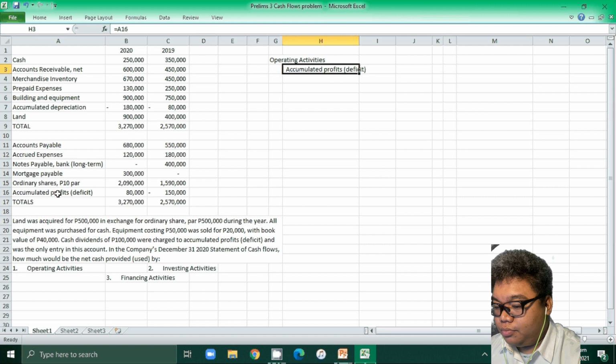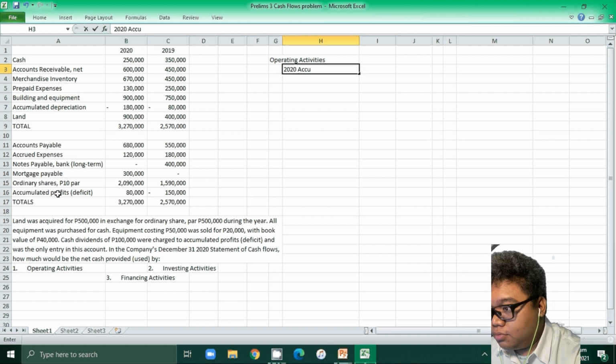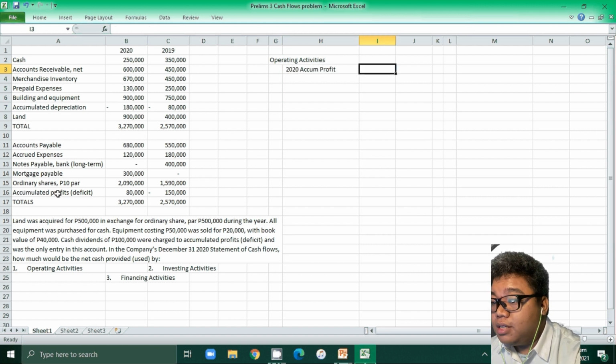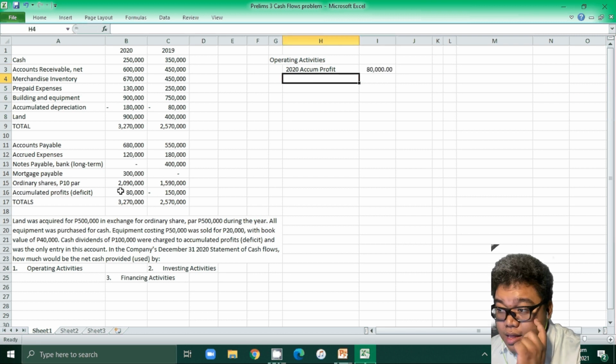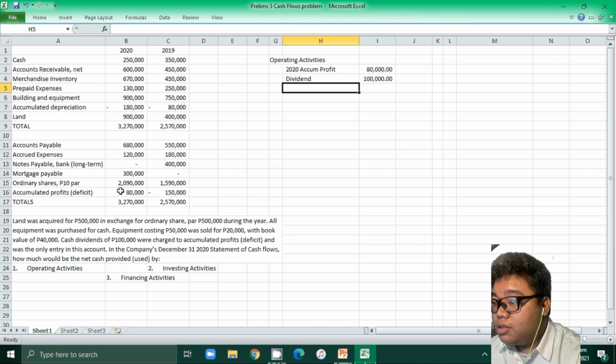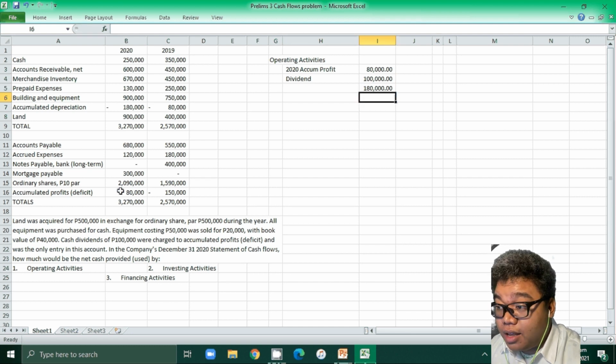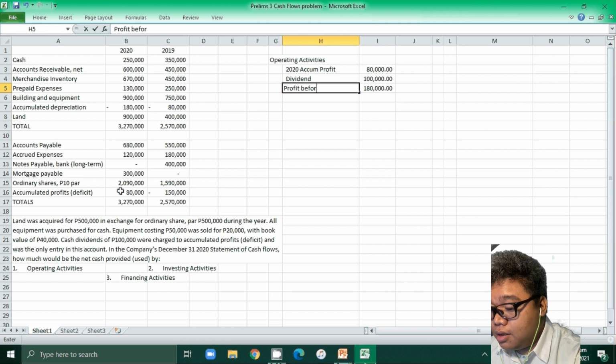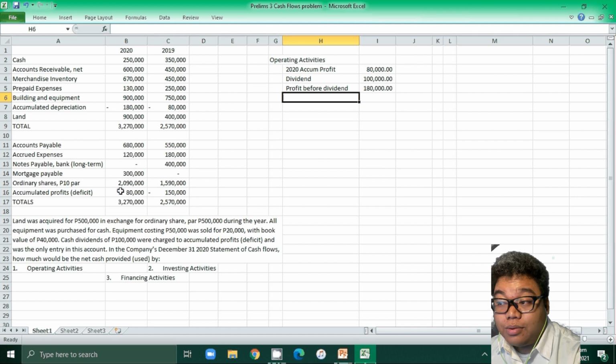How much is that? That would be 80,000. And we have identified here that there is a cash dividend that is charged to accumulated profits. So we will add that dividend of 100,000. So the balance of accumulated profit before dividend is 180,000.